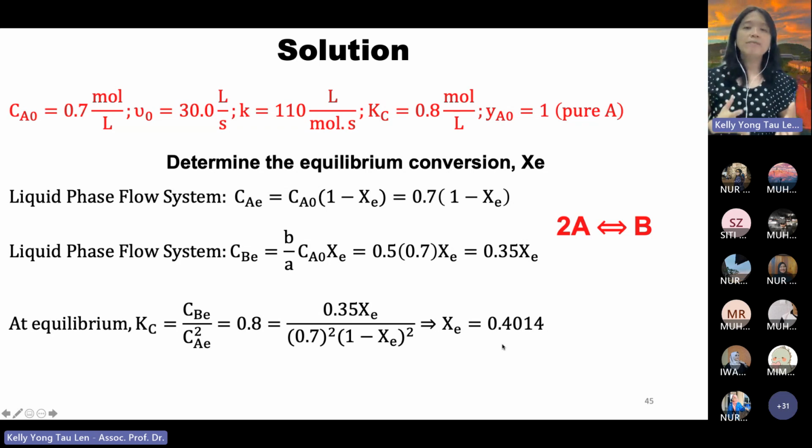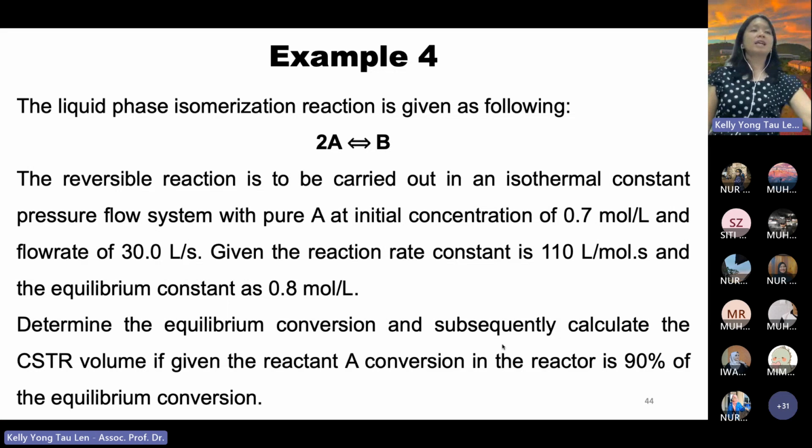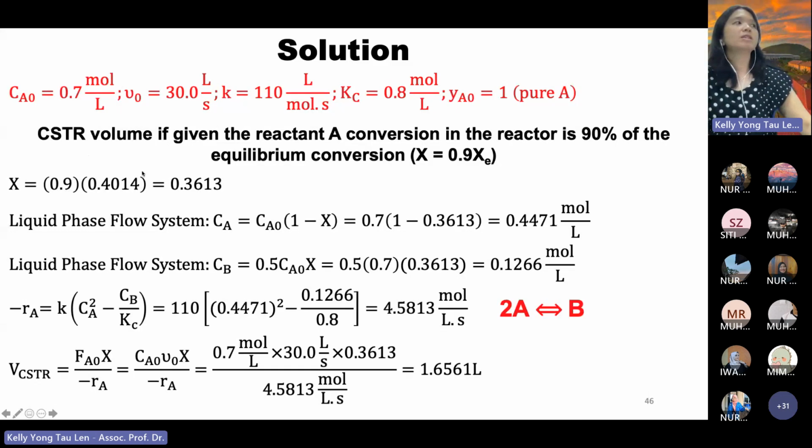So naturally, if you solve this, it is again a quadratic equation, you will get your Xe as 0.4014. So now I know that my reactor conversion tak boleh lebih ataupun sama dengan 0.4014. Conversion yang saya nak dalam reaktor saya tu mesti kurang daripada 0.4014. So subsequently, I can now solve the second part because saya dah tahu kalau equilibrium conversion saya 0.4014 and the reactor conversion dalam soalan dah kata mesti 90% of the equilibrium conversion.